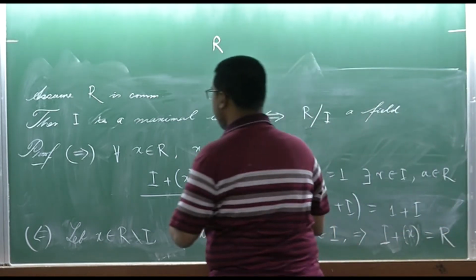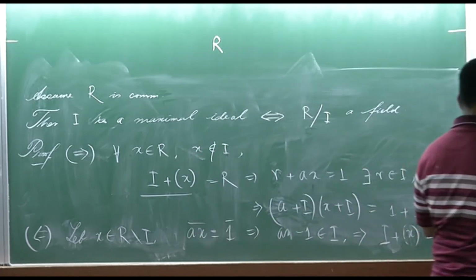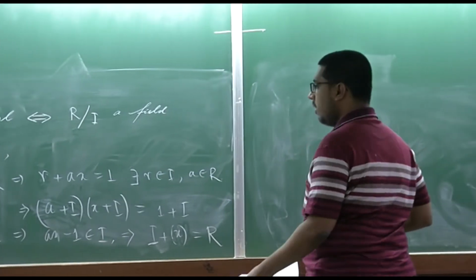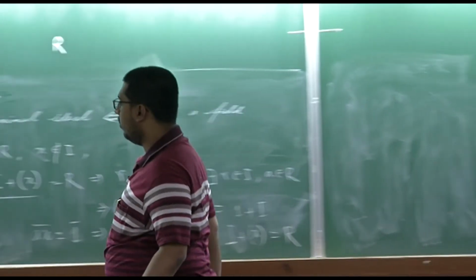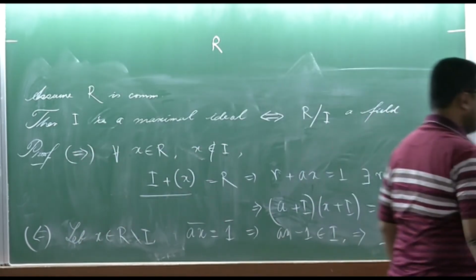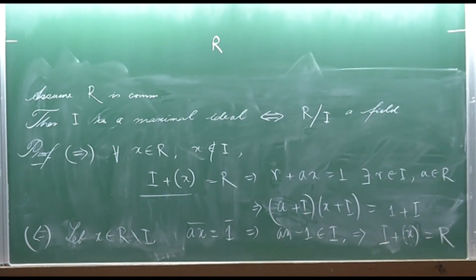Let me now talk about some examples of maximal ideals. For commutative cases, we have to look at its equivalent criteria in terms of quotient rings.